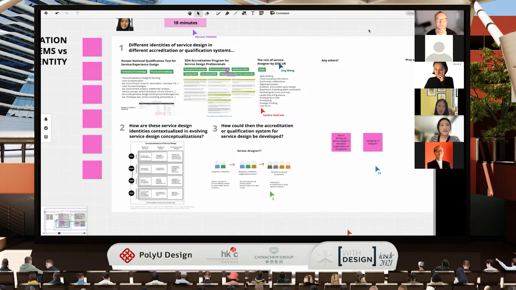I mean, there are some people who think that only people with design background or design related work experience can be called service designer. So I'm a little bit against that kind of opinion or perspective. That's why I raised this issue, and I would like to hear from other people about this, along with this expanding conceptualization of service designer.